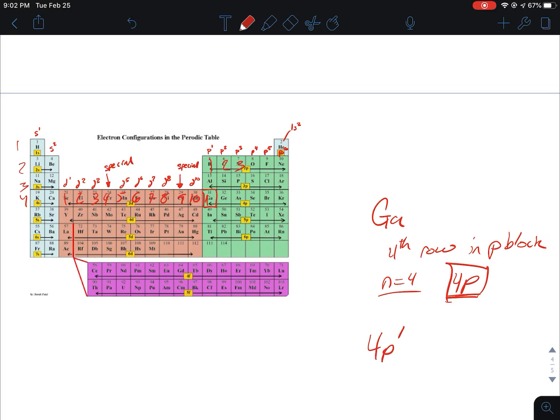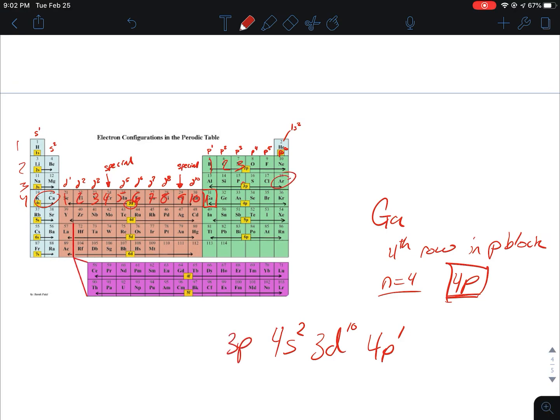And then you just start walking backwards. If it's 4p1, then it has all of its d electrons. According to this rule, it should be 3d, because d electrons always start one less. It also has all of its 4s electrons, because it's past calcium, so it has 4s2.